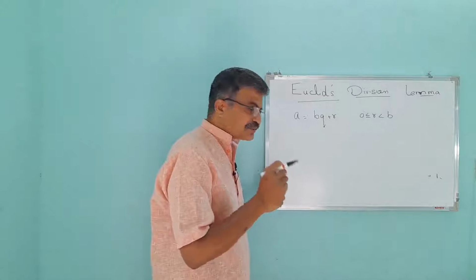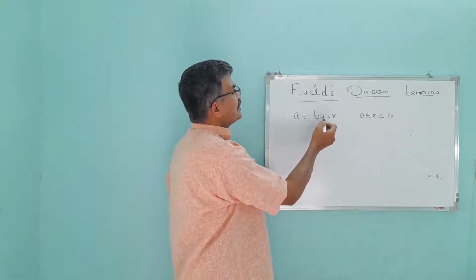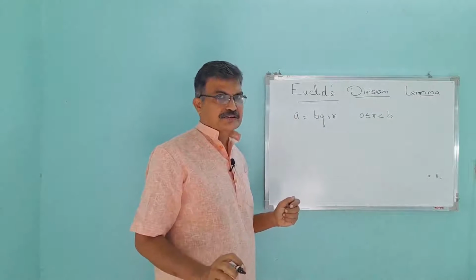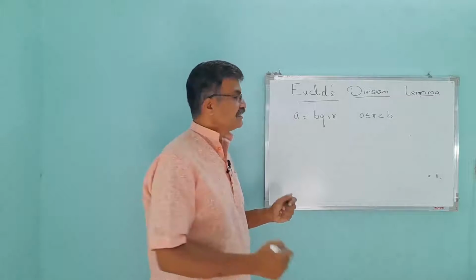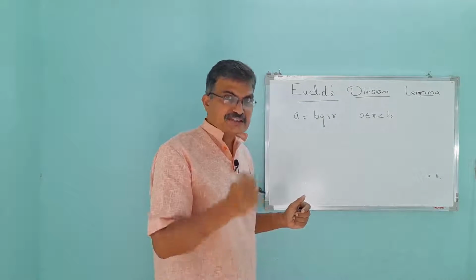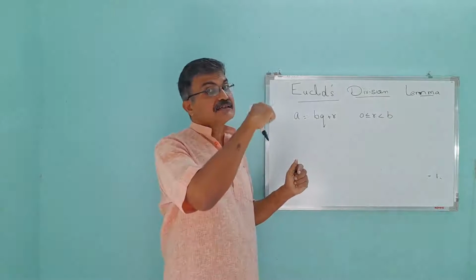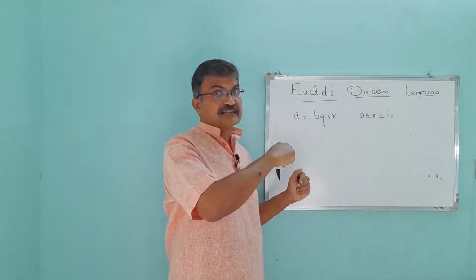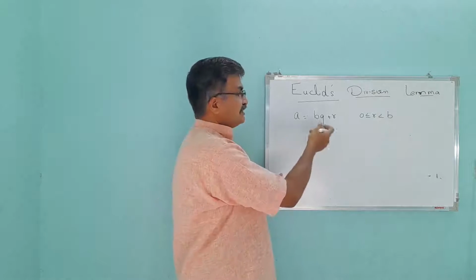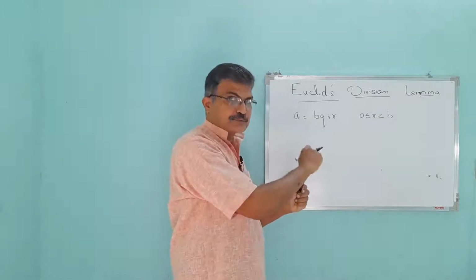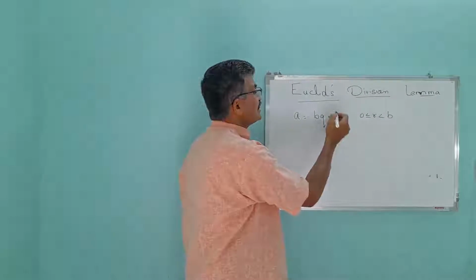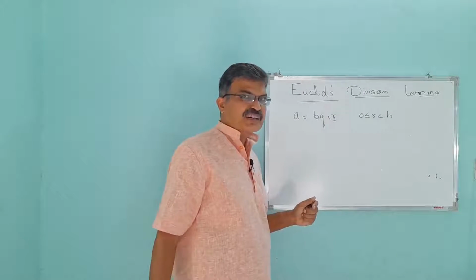There is no strict rule to always write q after b, but it is a convention. Why? q is the short form of quotient. It is not recorded in the original Elements of Euclid. These letters were attributed to this lemma later, and r is the short form of remainder.